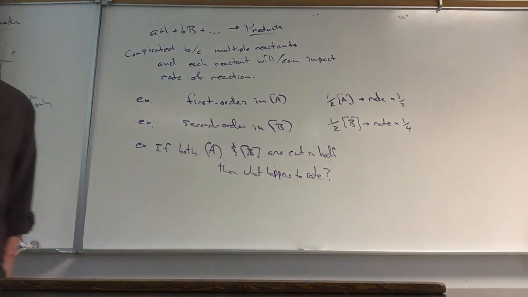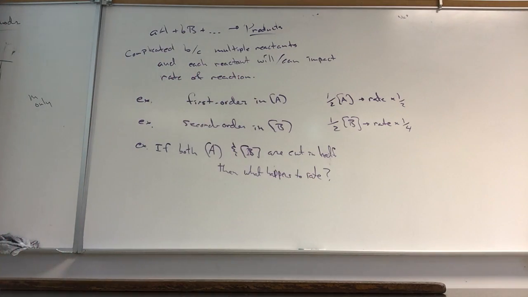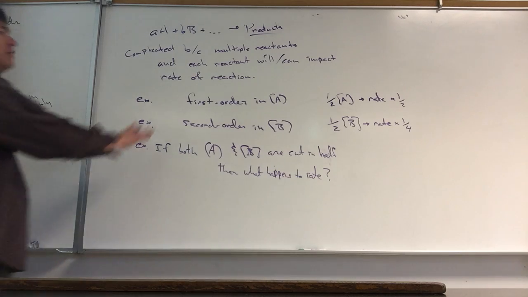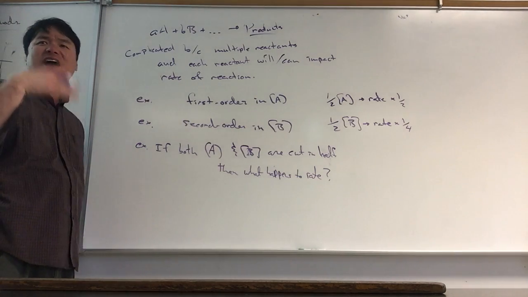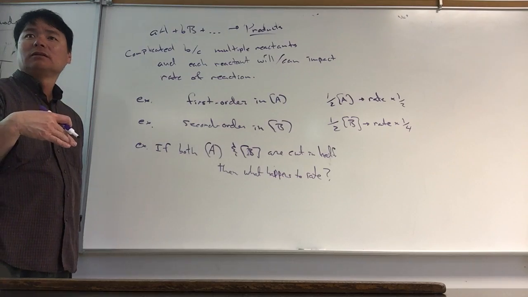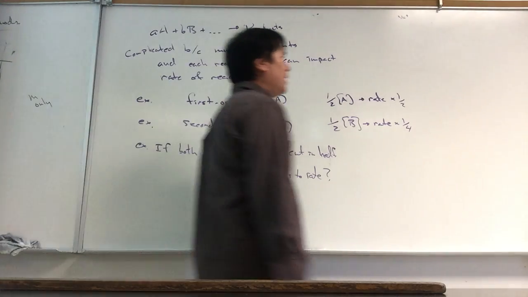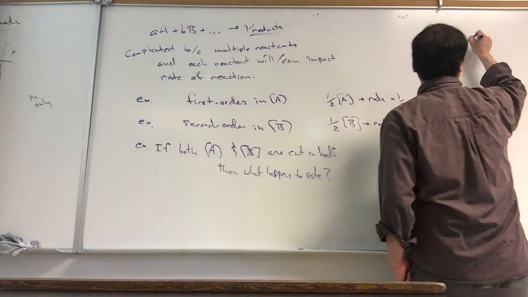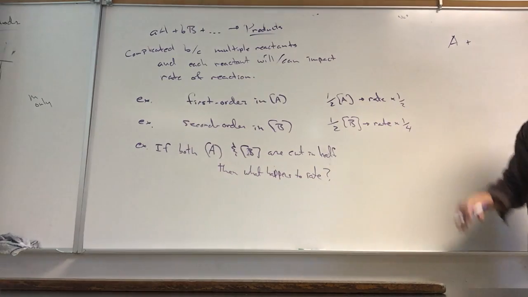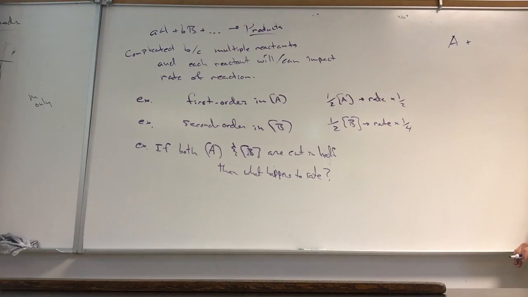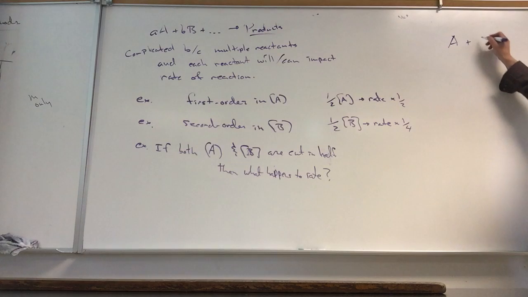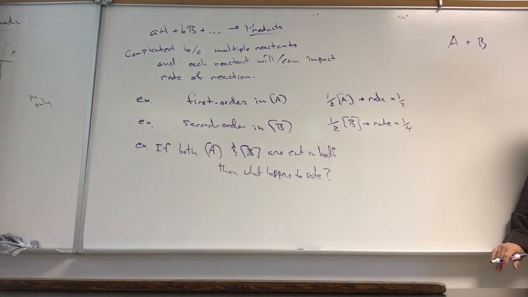If A and B are cut in half, then what happens to the rate? Well, if A gets cut in half, then it should go half as fast, right? So if A gets cut in half, then the reaction should slow down by half. But then if B gets cut in half, then the rate should be cut by a quarter.